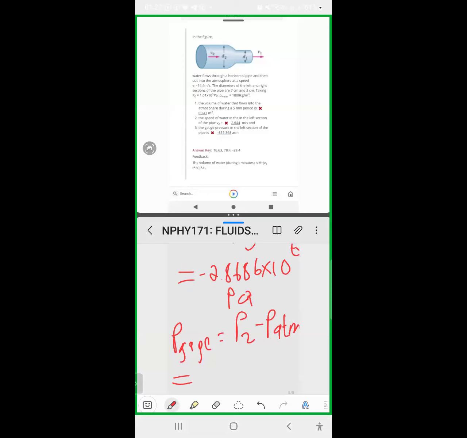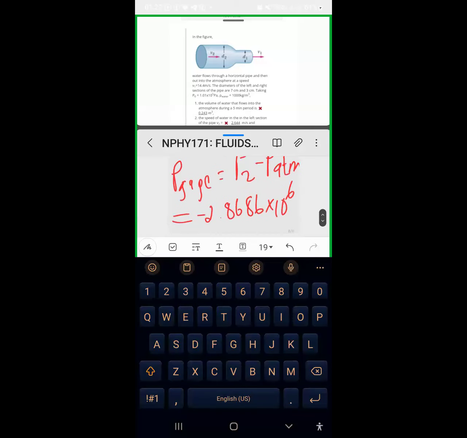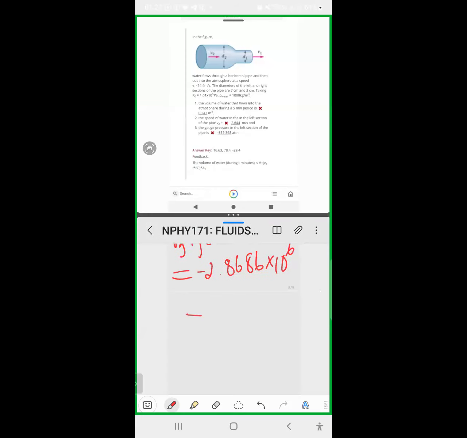We found it to be minus 2.8686 times 10 to the power 6. Then we subtract the atmospheric pressure. What is the value of the atmospheric pressure? I think it's 101.325, but I'm not sure. Let me confirm the value.